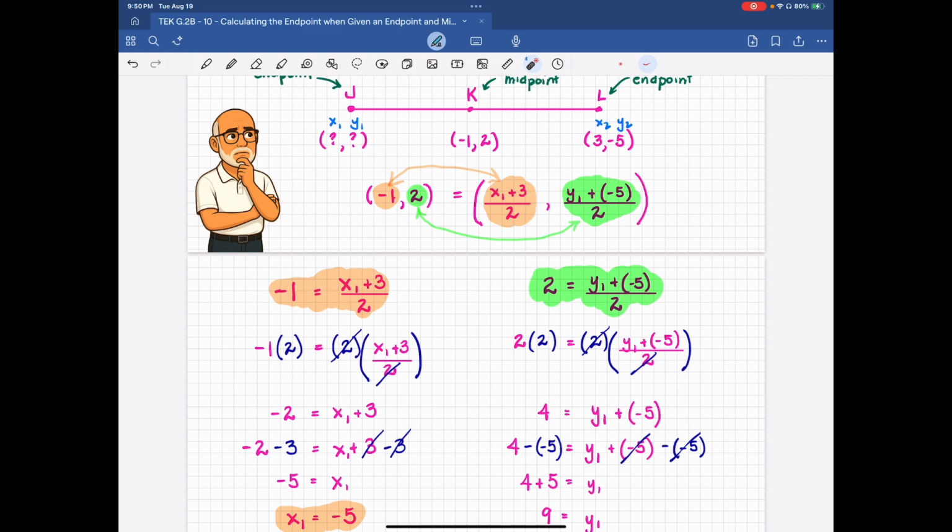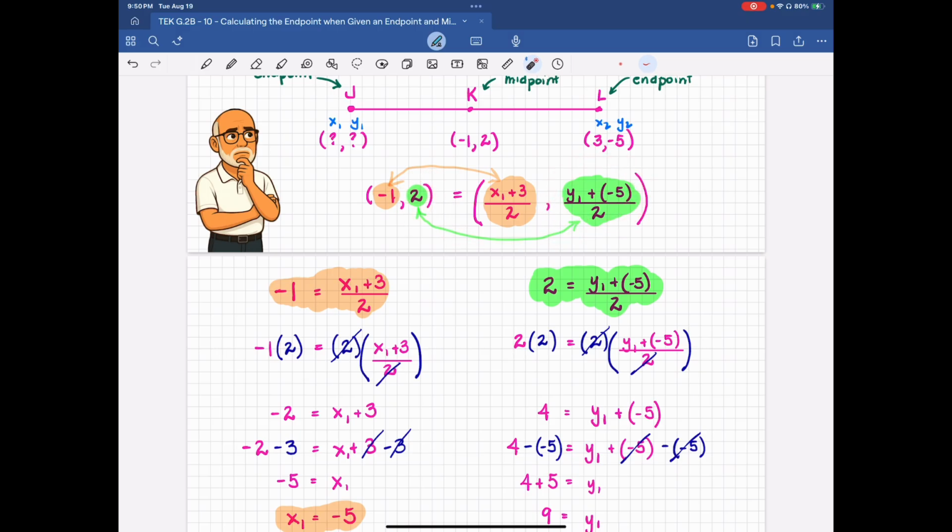Separating these into two separate problems, I get a -1 here is going to be equal to this algebraic expression. 2 is going to be equal to this algebraic expression.